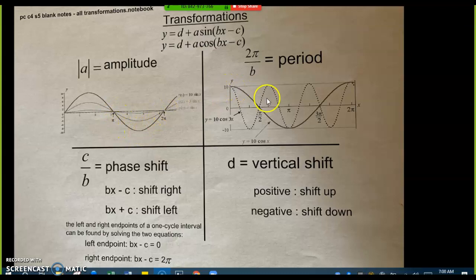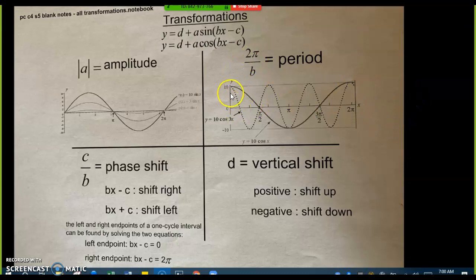Over here, we have a cosine graph. Remember, cosine starts up high, okay? Now, on a normal period of cosine, it goes high, it goes down, and it makes this V, and it ends at 2 pi as well. Okay, so our parent graph on cosine ends at 2 pi before it starts that V cycle again.